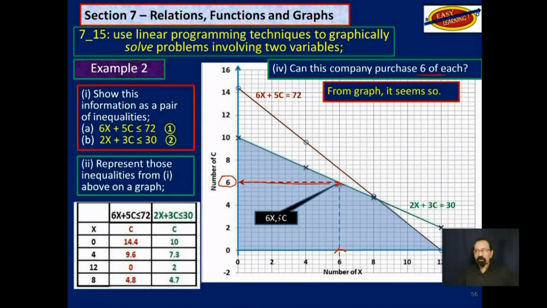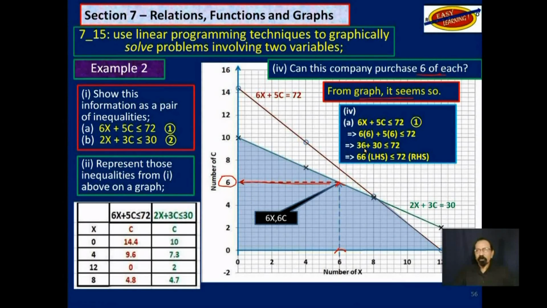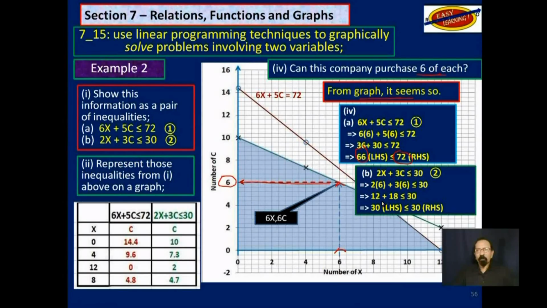So it appears from this graph, this company can purchase 6 Xerox printers. Remember, it said at least 5. Now we are saying 6 Xerox and 6 Canon as well. We do that and we find that we are within our limit in terms of spending and right there in terms of maintenance, paper and ink and so on.